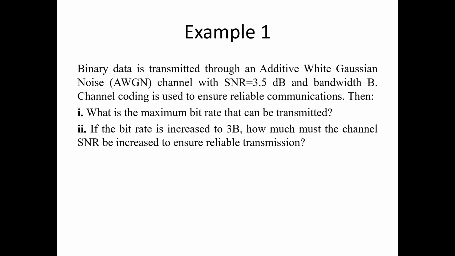Now let's go to example number 1. Binary data is transmitted through an additive white Gaussian noise channel with SNR equal to 3.5 dB and bandwidth B. Channel coding is used to ensure reliable communication.